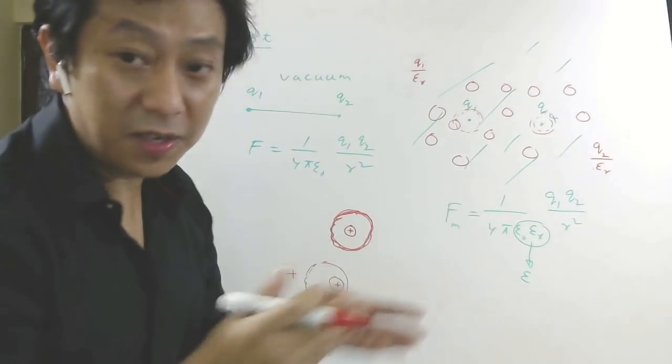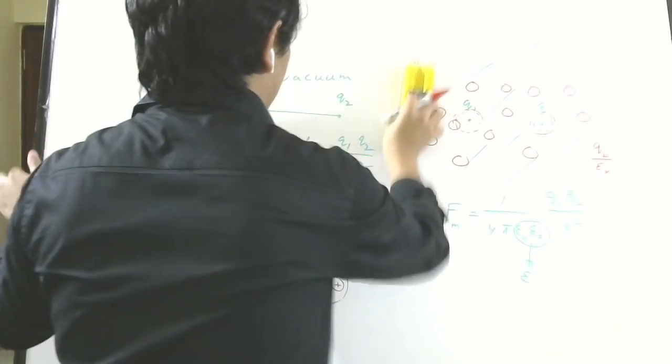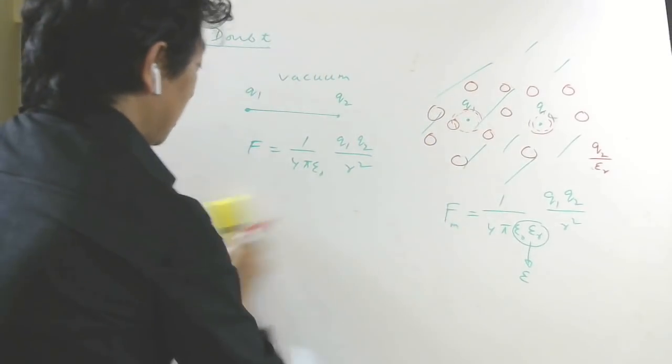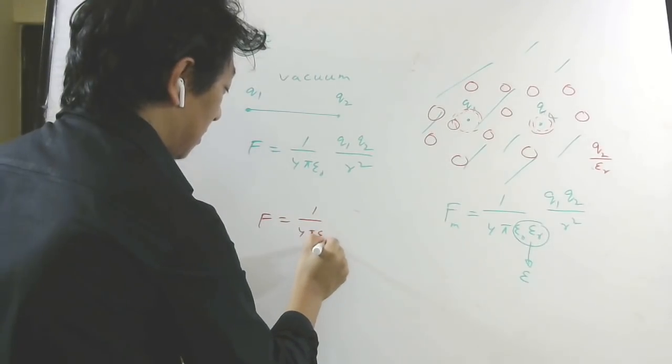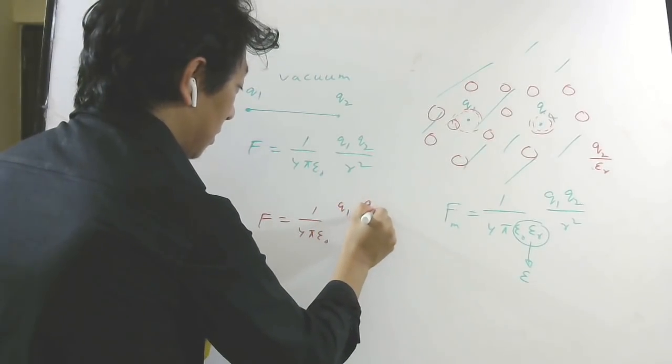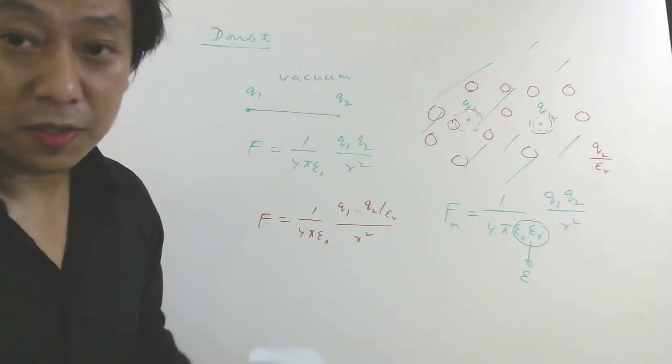But at any given time when you find the force on this charge by this charge, it will be 1 by 4 pi epsilon naught, q1 q2 by epsilon r, by r square.